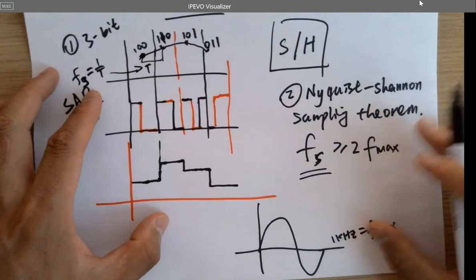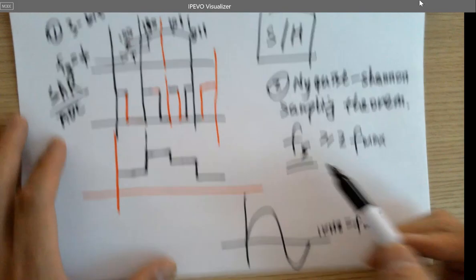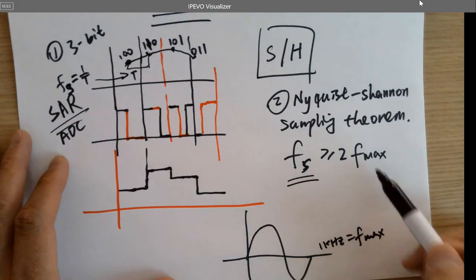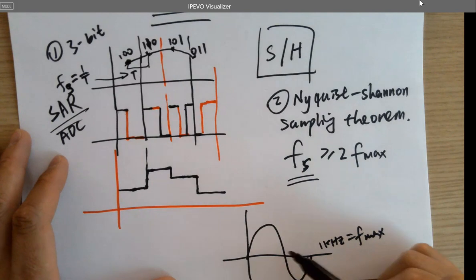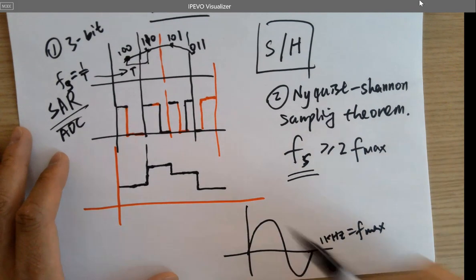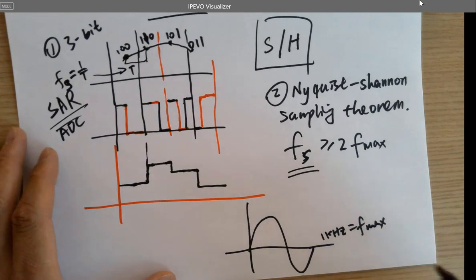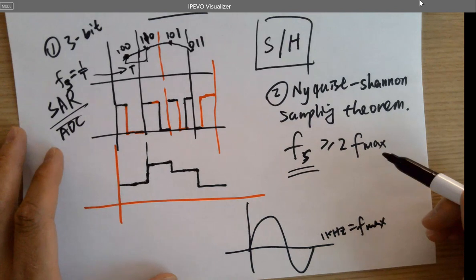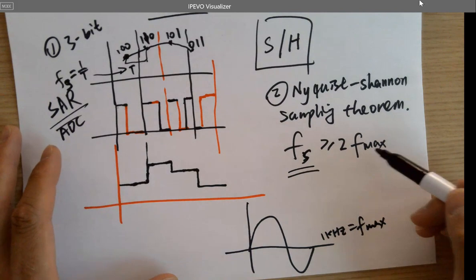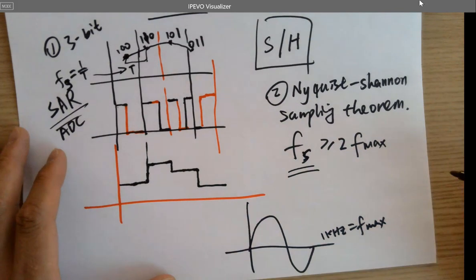Okay. So the sampling frequency has to be equal to or larger than 2 times the frequency of the signal. If you have multiple components in the signal, it has to be larger than 2 times the maximum frequency of the components in the signal.